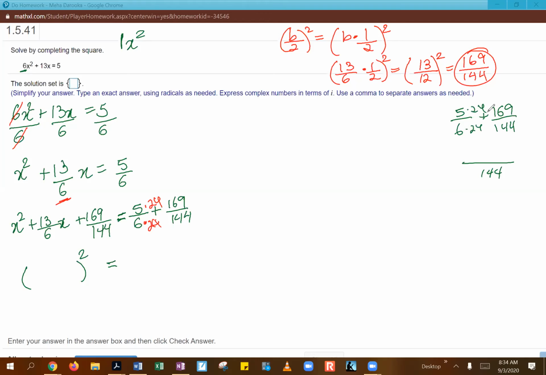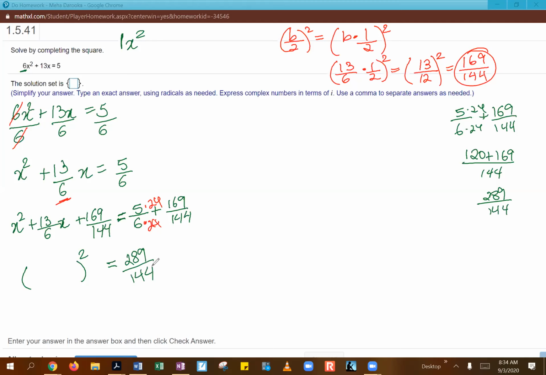So 5 times 24 will give us what? It's 120. Yeah, very nice. Dalton just sent it on chat also. So just take 120, add it with 169, and you will end up getting your fraction on the right-hand side. So that comes out to be 289 over 144.